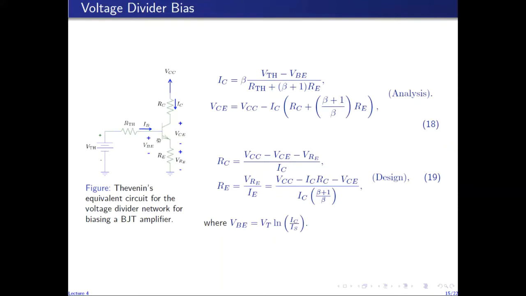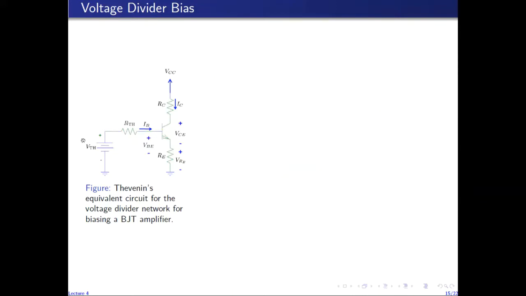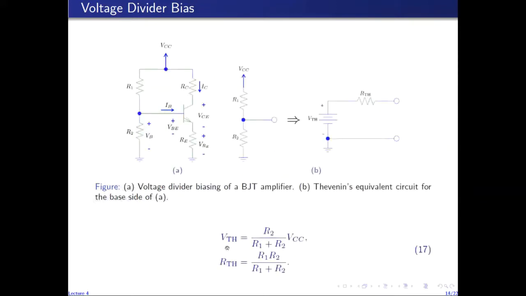So given the bias point, we know VBE, we know the specified VRE, we have chosen our RThevenin, so we can find VThevenin as IB times RThevenin plus VBE plus VRE, where IB can again be found from IC. So VThevenin can be found. So what I'm trying to say is that we know VThevenin, we have selected some RThevenin, we know the supply voltage as well. So we can solve these two equations to find R1 and R2.